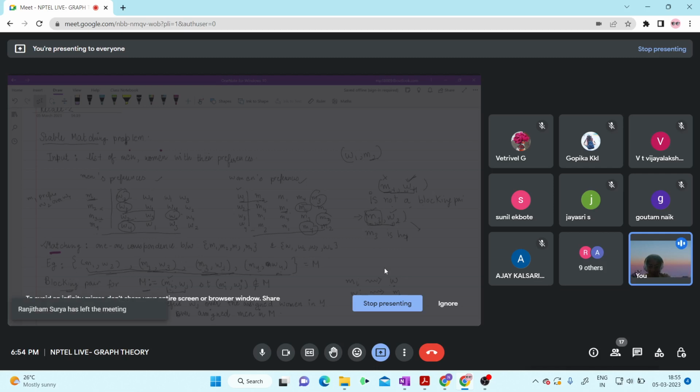Each man is assigned some woman. So it is some kind of a complete bipartite graph, but each edge has some weight. A matching is a perfect matching, but stable matching is a special case of those perfect matchings. We want those.